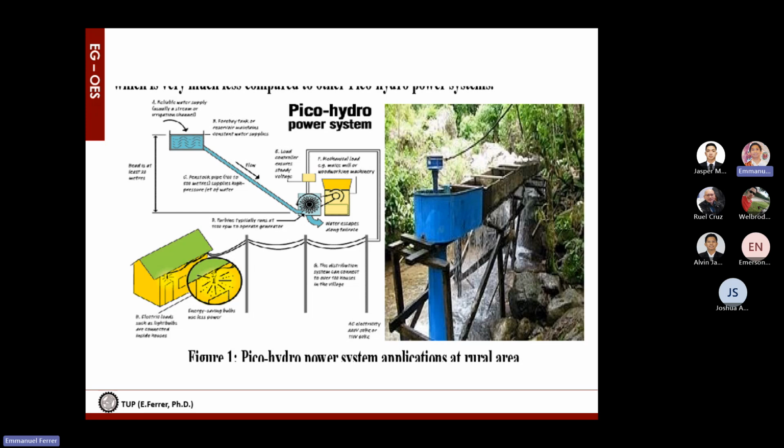So, pero if it's just lighting, it's more than enough to power a few houses or even community. Okay, so ayan yung typical na research na may mga designs din yan. So hopefully in your presentation, you can find more designs, a better setup.